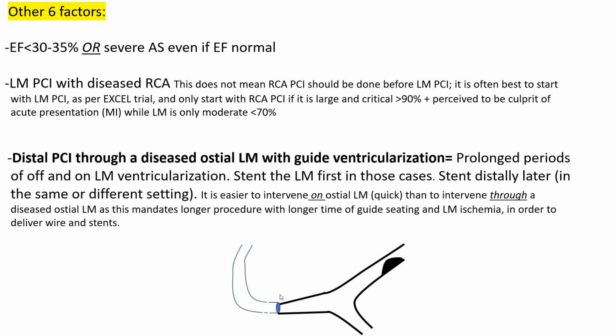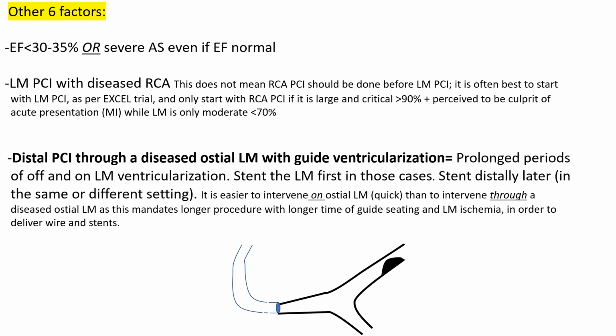That's why when you have to intervene on distal disease while having guide ventricularization with significant left main disease, one, you try to stay disengaged as much as possible. Two, if the left main is significant, stent the left main first in those cases, then stent distally later, after you've opened a channel for your guide to sit while you're delivering your devices distally.